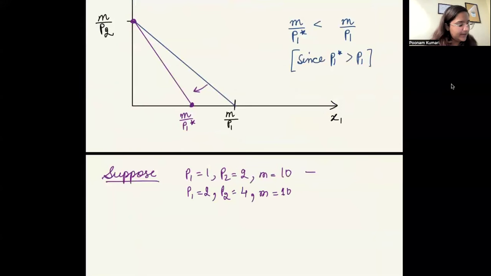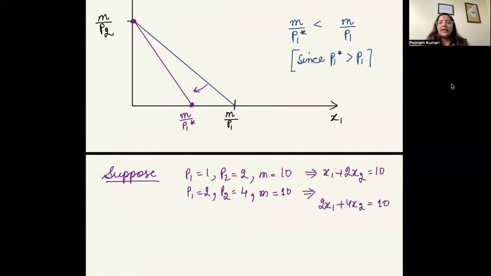What is my budget line here? x1 plus 2x2 is equal to 10. And now what is this? 2x1 plus 4x2 is equal to 10. Right?